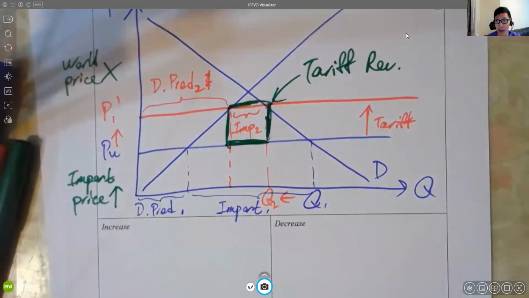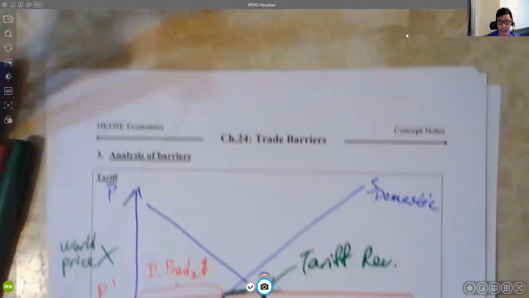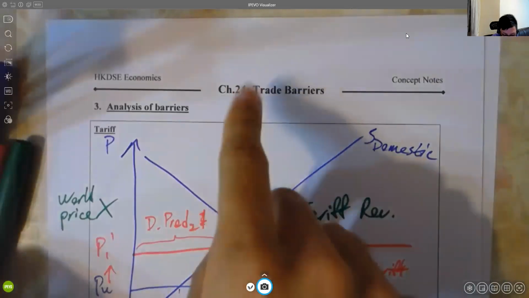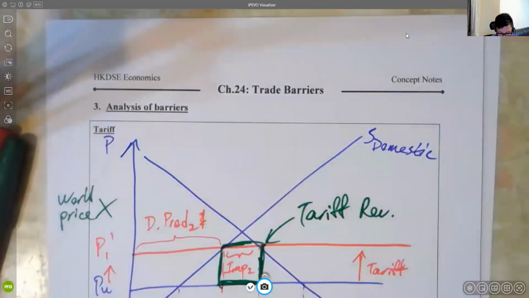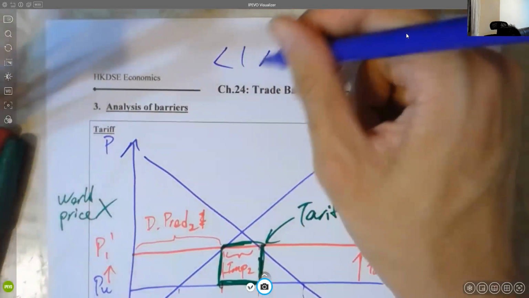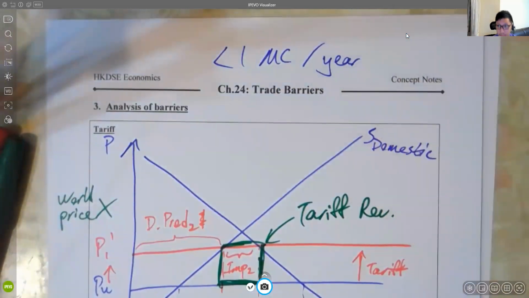I don't want to waste time here, because honestly, I forgot to say at the start that this chapter is one of the most unimportant chapters, because the average amount of questions you can find is actually less than 1 MC per year, at least as of now.